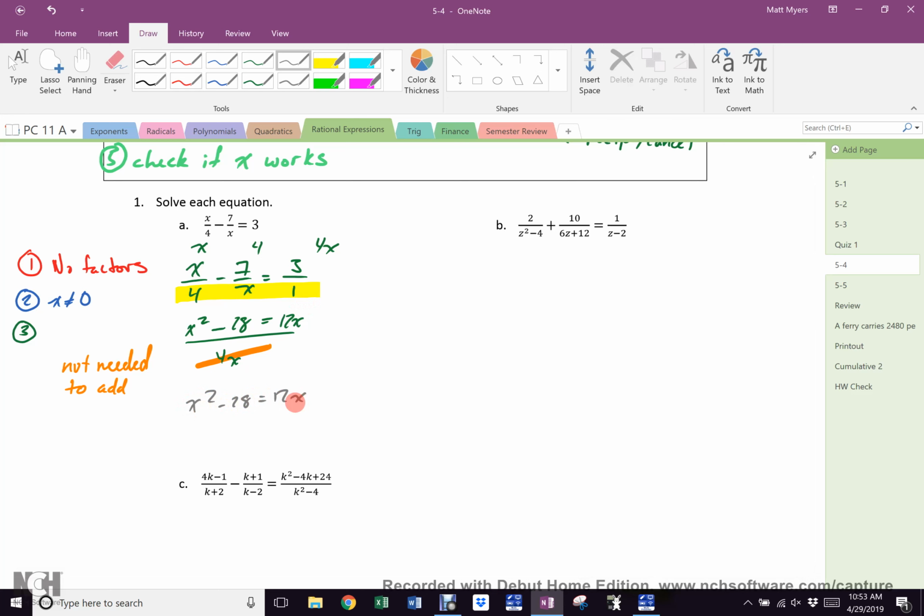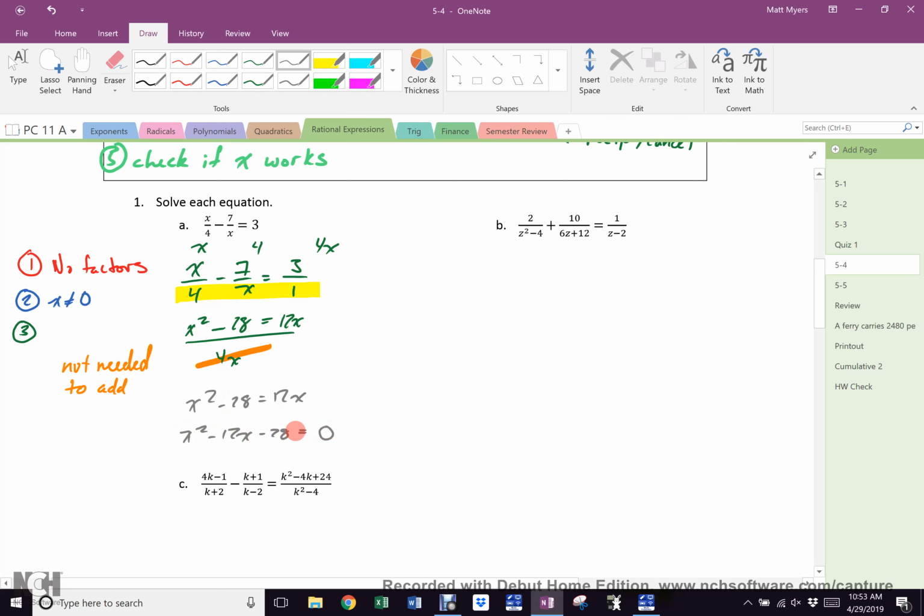Doesn't that have all the parts of a quadratic trinomial? How would I make it look like a quadratic trinomial? What would have to happen? I would have to move 12x over here, yes? So I would get x squared minus 12x minus 28 equals what? 0.